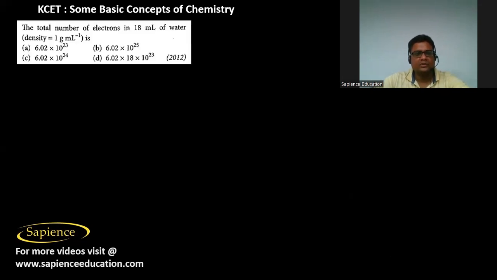Then it is told the total number of electrons in 18 ml of water is?